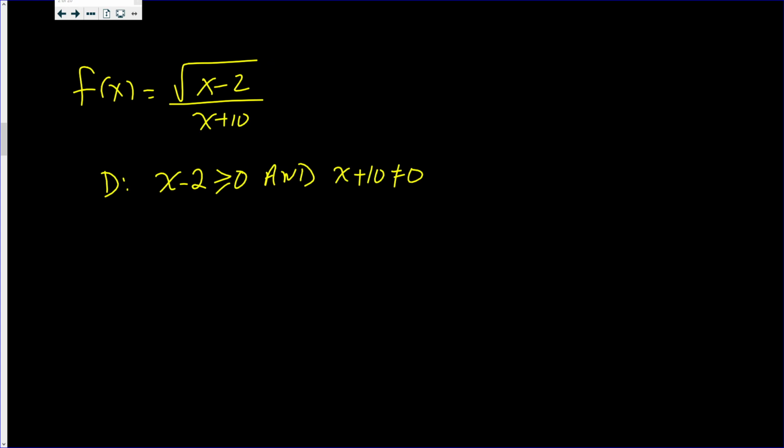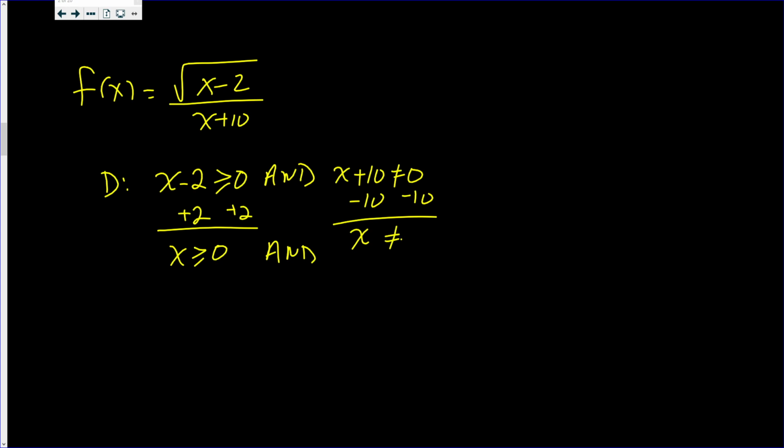You can't divide by 0. Well, you add 2 to both sides, and you know that x has to be bigger than or equal to 0. And take away 10 from both sides, x cannot be negative 10.